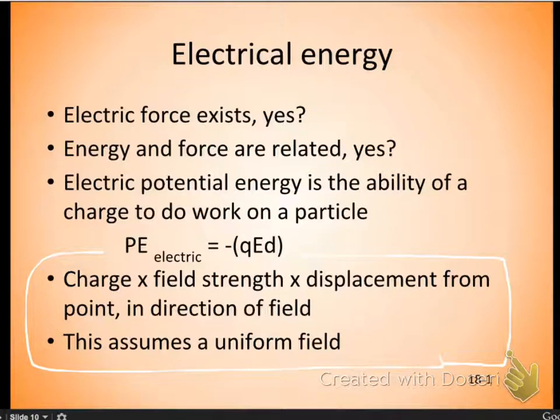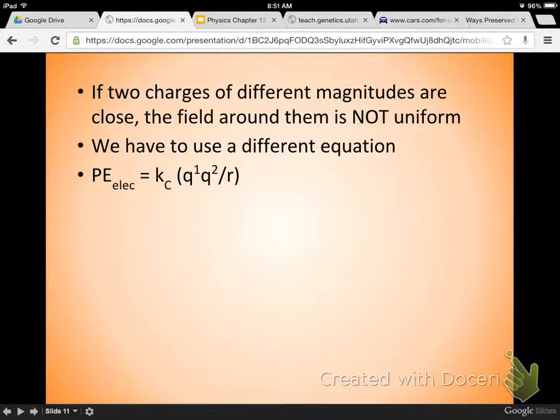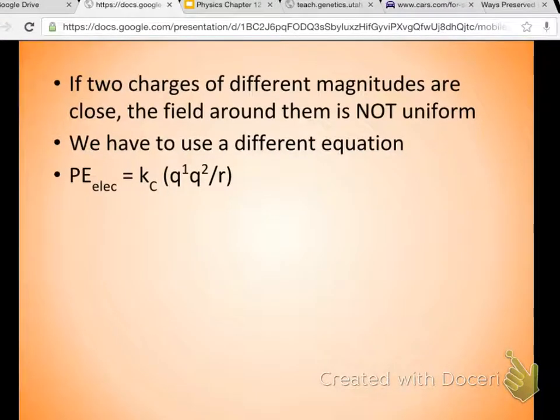This all assumes uniform field, and we don't care. There is not a uniform field if you have two different charges, and there is an equation for that, which we're also not going to use.